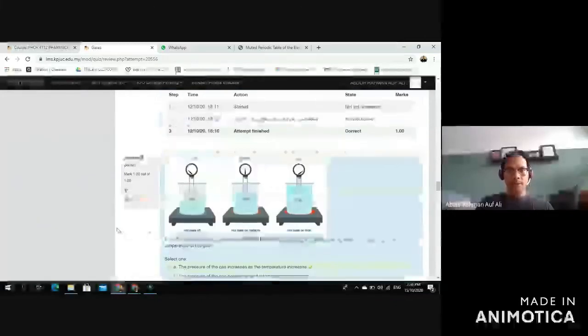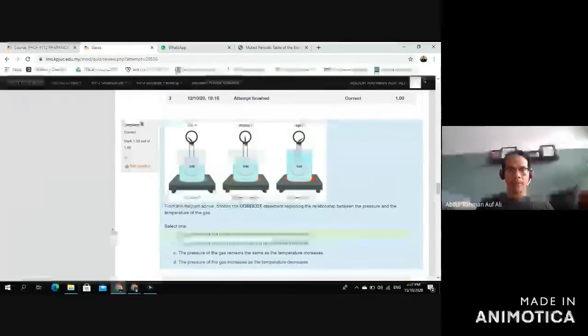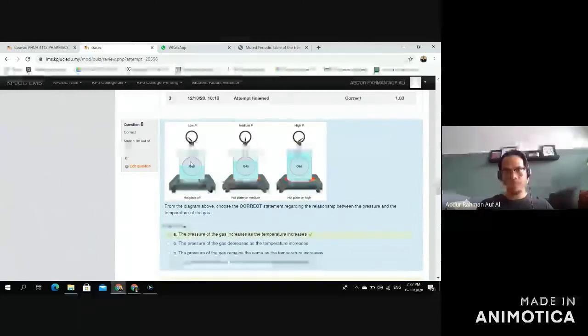So next question, another diagram. So from the diagram above, choose the correct statement regarding the relationship between pressure and the temperature of gas. So the first diagram here, boleh nampak dalam this round bottom flask ada gas. Okay, ada gas kat dalam dia, masukkan dalam water bath and kita letak atas hot plate, tapi hot plate tak turn on.